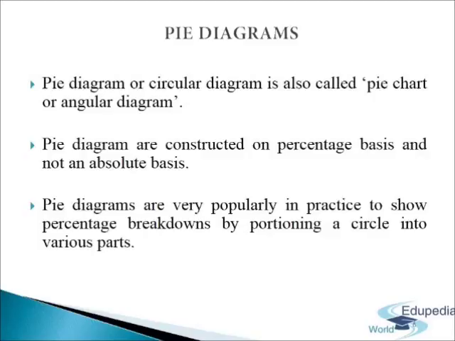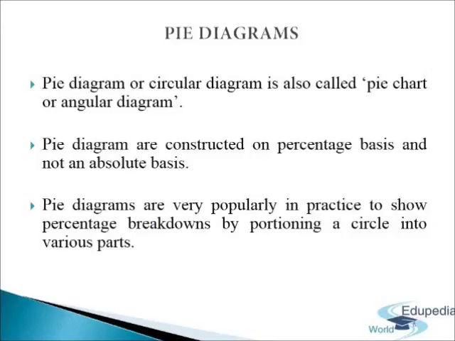For drawing the pie diagram, percentage of each sector is converted into degrees, keeping in view that the whole circle covers 360 degrees. A pie diagram is also a component diagram, but unlike a bar diagram, here it is a circle whose area is proportionally divided among the components. The circle is divided into as many parts as there are components by drawing straight lines from the center to their circumference.